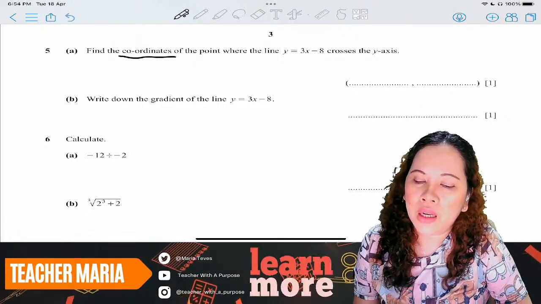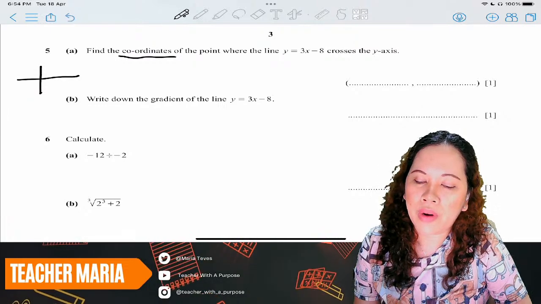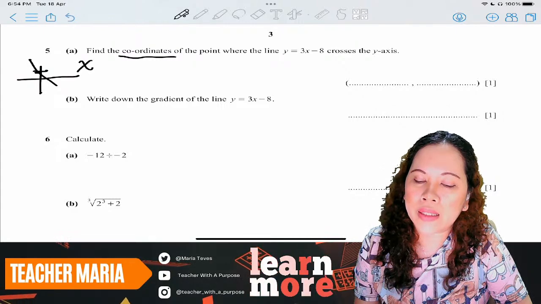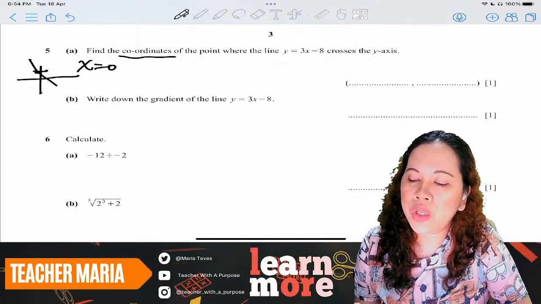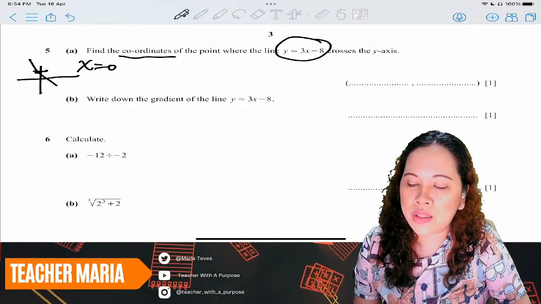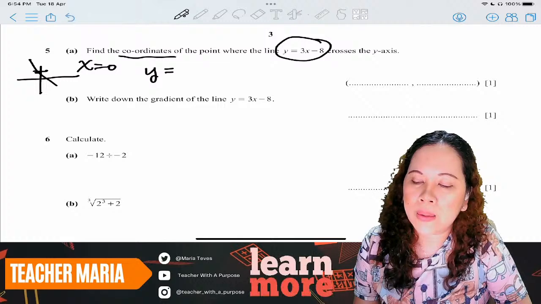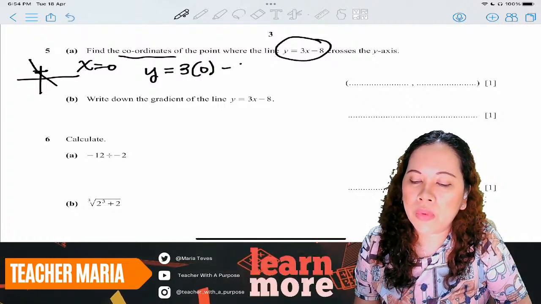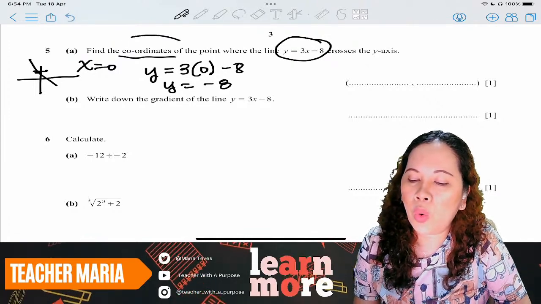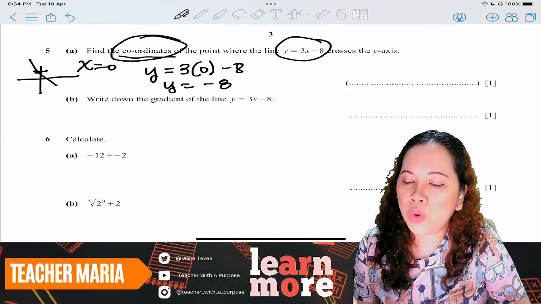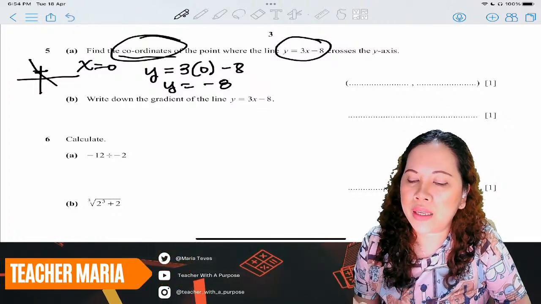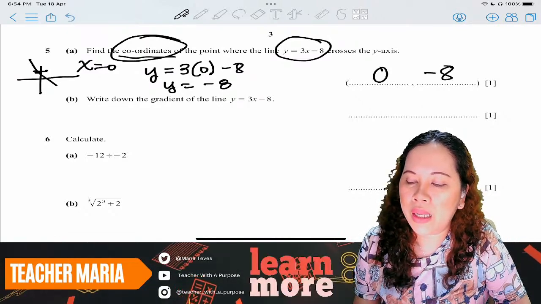Now, in our graph, when it crosses the y-axis, that means that our x is 0. So using this equation of your line, you just need to substitute x with 0. So y equals 3 times 0 minus 8, y equals negative 8. Therefore, the coordinates of the point where this line crosses your y-axis will be (0, -8).